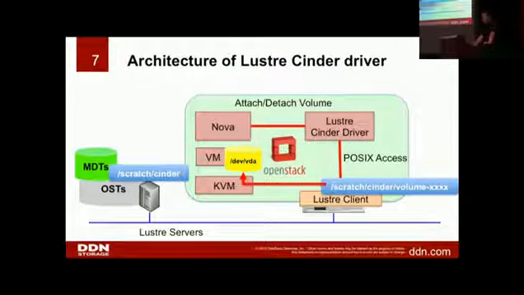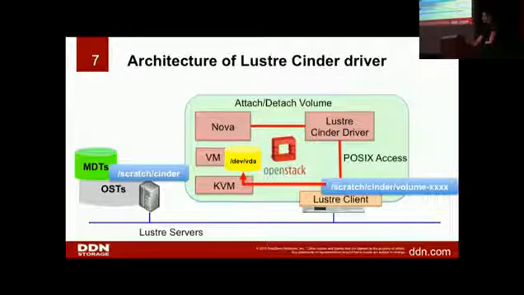Then the Lustre Cinder driver exposes the Lustre namespace to OpenStack. After that, the Cinder driver creates the volume and attaches it to Nova, which is the VM. Nova itself uses KVM running on the underlying base technology.